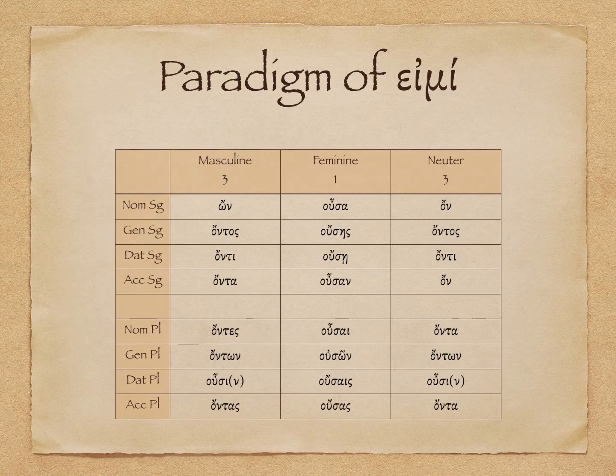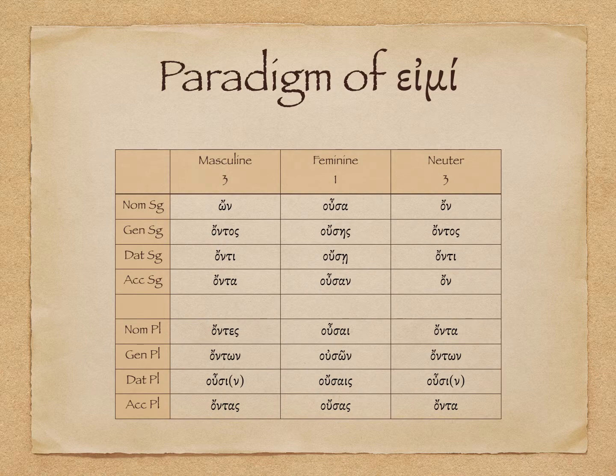I have the paradigm of me again. This paradigm has basically the participle morpheme with those noun case endings, and if you have this paradigm memorized, you can see the pattern of third and first declension noun endings right here in this participle.